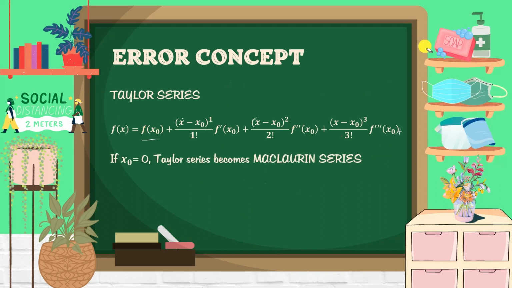If x sub 0 is equal to 0, the Taylor series becomes the Maclaurin series.